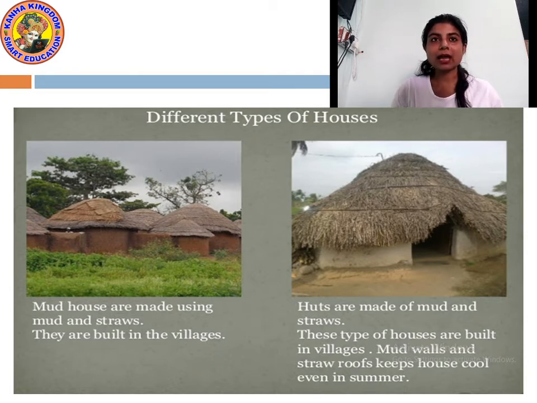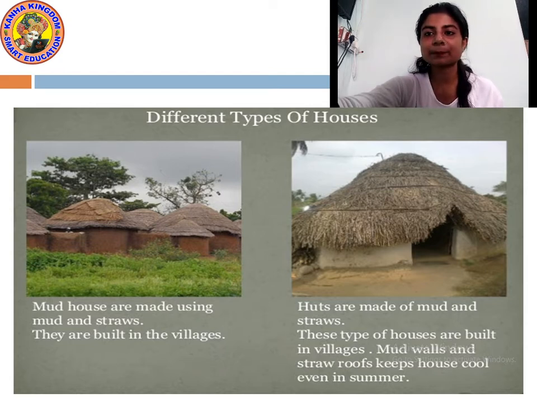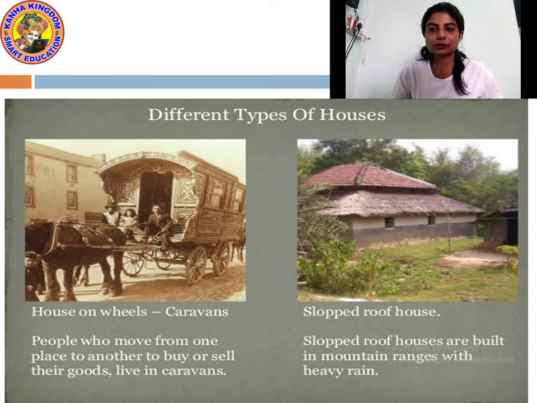Now, what is the next kind of house? So students, another type of house is caravans. Can you see? Houses on wheels. It can be moved, like horses are attached to the house, and it can be moved from one place to another. These caravans are houses on wheels.